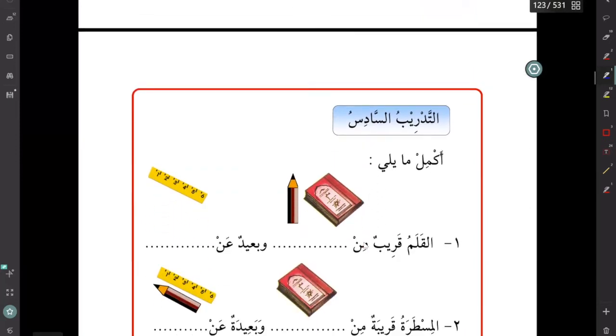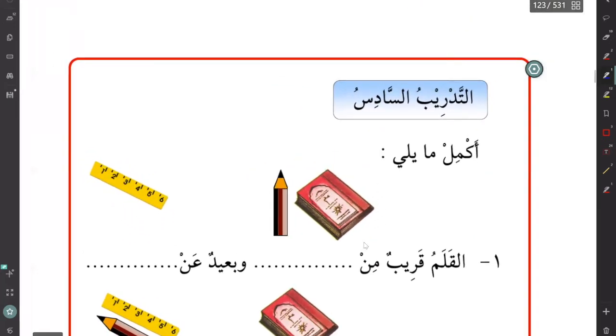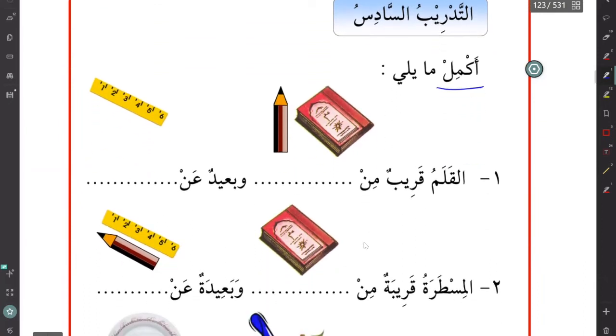Now, next one we have at-tadrib al-sadis, the sixth exercise. It says akmil ma yali. Akmil is to complete the following. So we have al-qalamu qaribun min. See, remember, when you have qarib, you will get min right away. Qarib means near or close, right? So the pen is close to what?